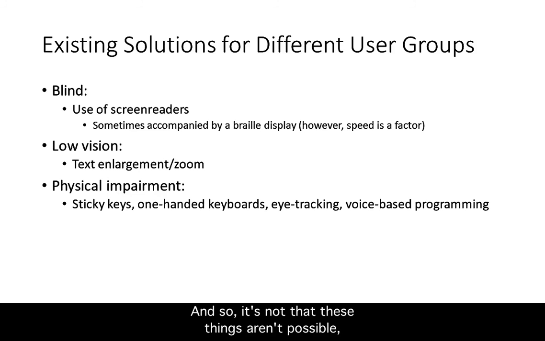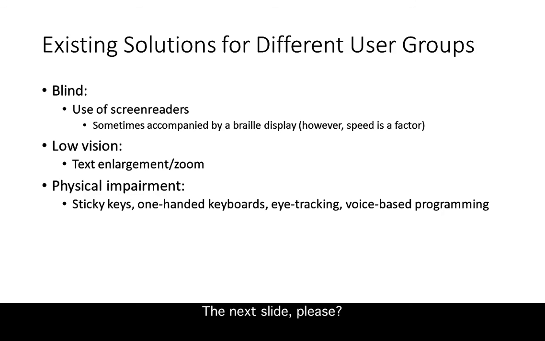Right? And so it's not that these things aren't possible, but that the variety of solutions are pretty tailored, and I'll talk about that a little bit on the next slide, but that these types of different modalities for interacting with programming do exist and are used by people throughout the world today.